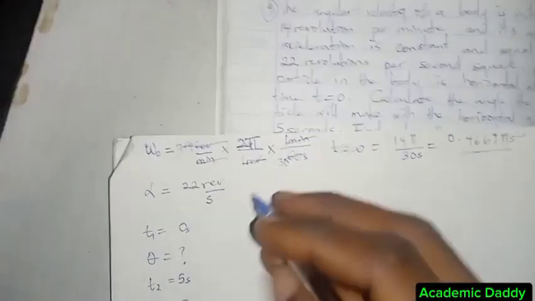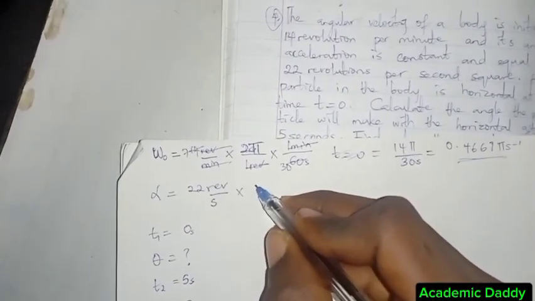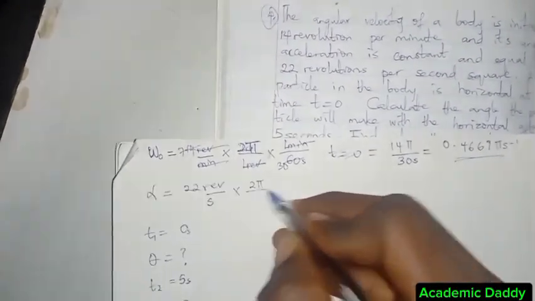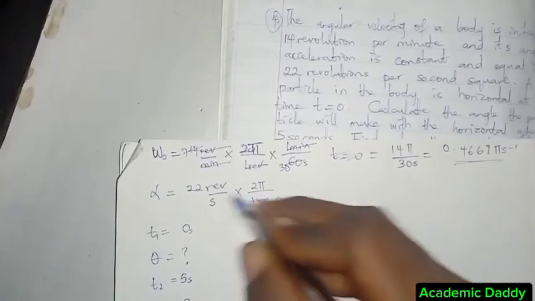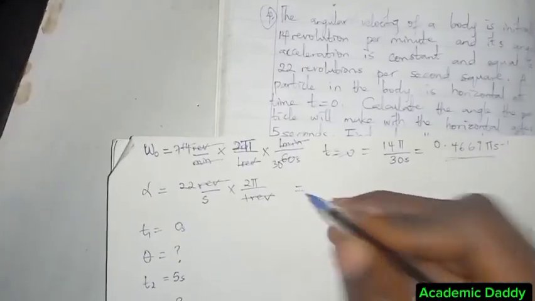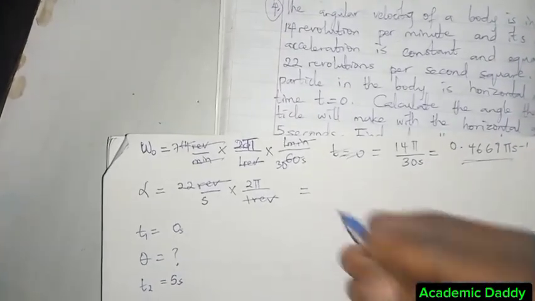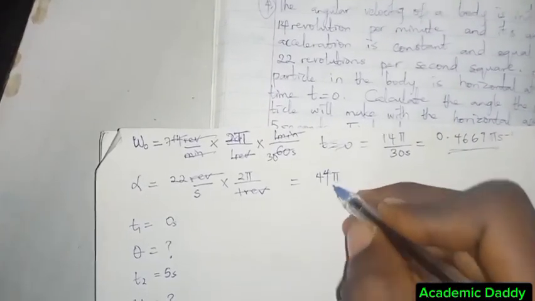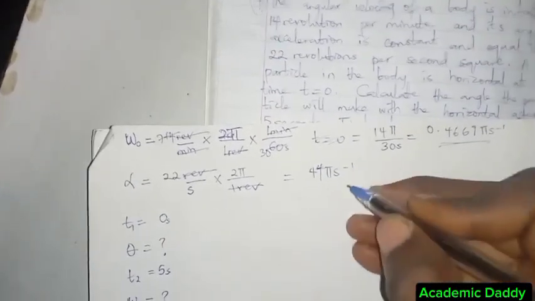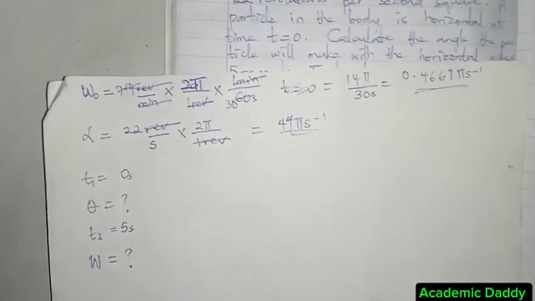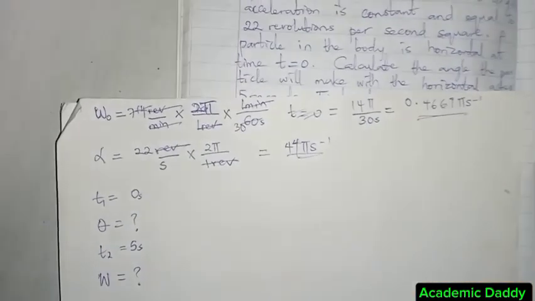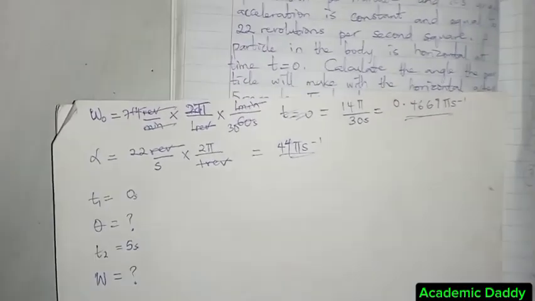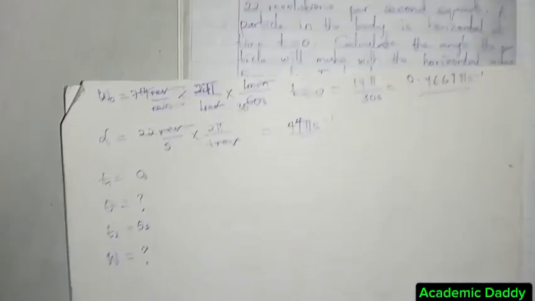Then for 22 revolution per second, I do times 2 pi over 1 rev. This will cancel this, so that I have 44 pi per second. If I wanted, I can do 22 over 7 times that, but I just want to be carrying the pi along.